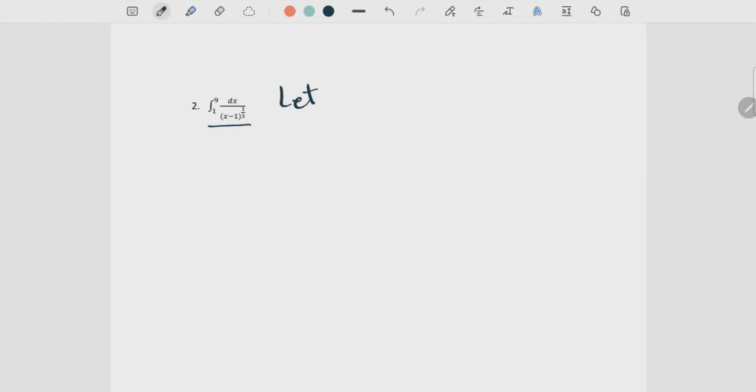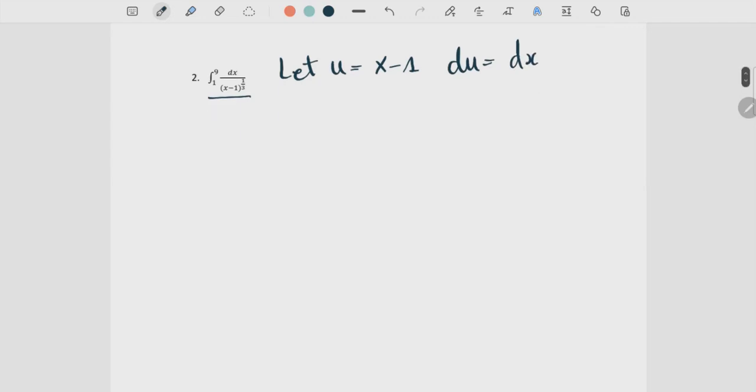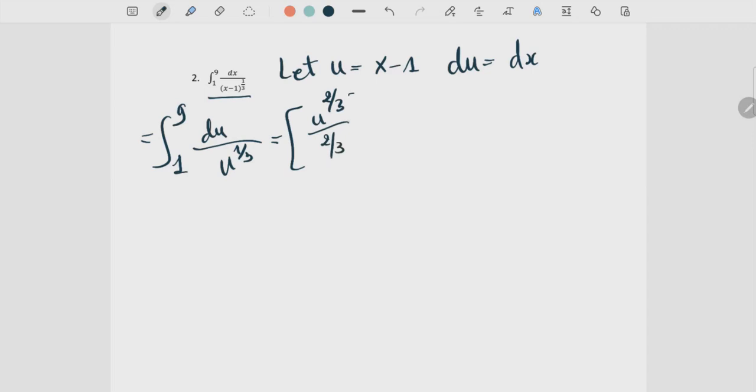So you can say let our u be equal x minus 1, right? Meaning that our du will be equal to dx, right? And therefore, if you substitute that back into the expression, you have the integral from 1 to 9 of du now over u to the 1 over 3, which you can easily integrate to be u to the 2 over 3 divided by 2 over 3.